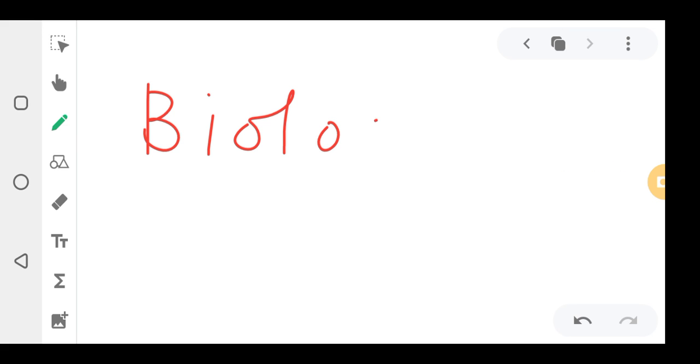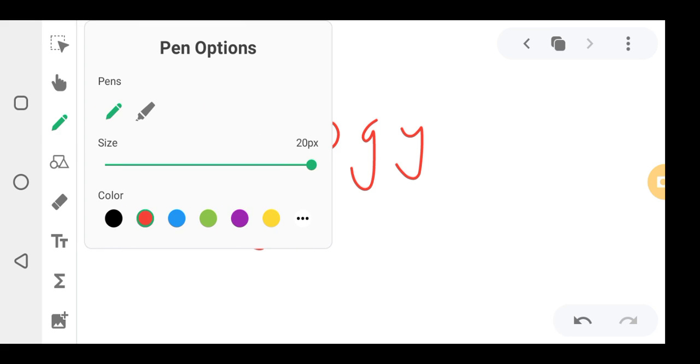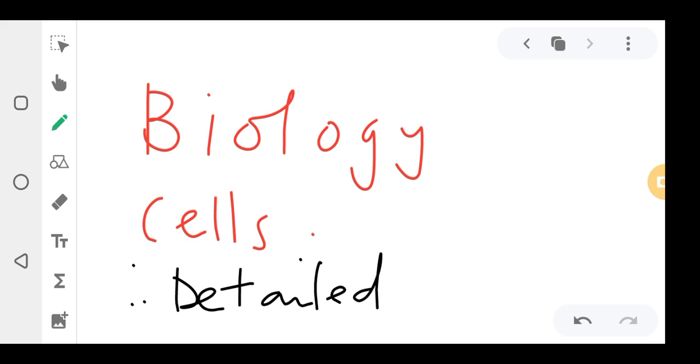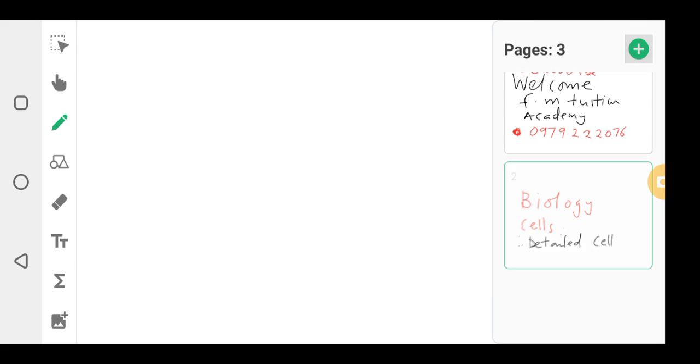Now today we are dealing with a topic in biology called cells. Under cells we'll be looking at a detailed structure of a cell. There are certain things that I want to do for you so that you can understand.